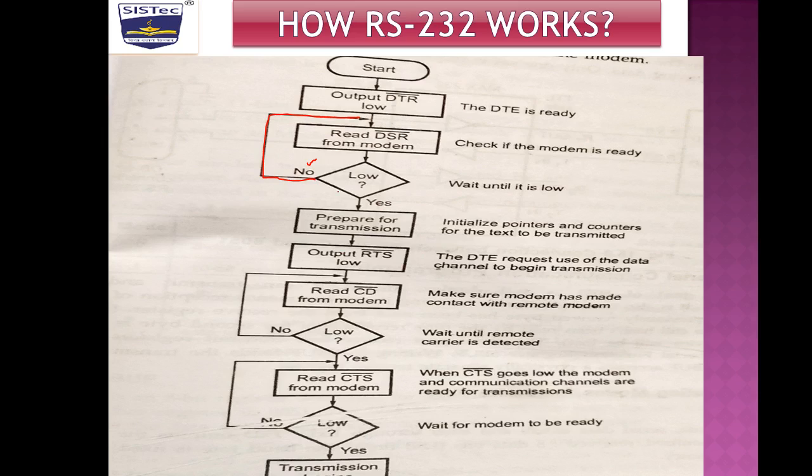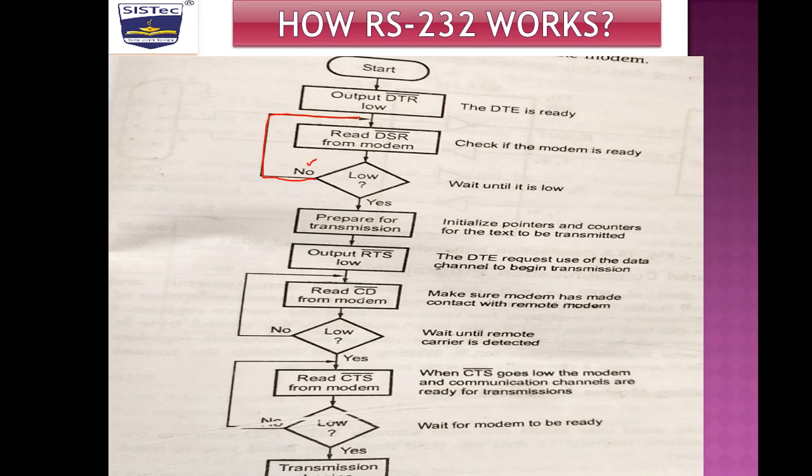If it is ready, it prepares for transmission, including initializing pointers and counters for the text to be transmitted. After preparing for transmission, the RTS signal goes low. This indicates the DTE requests use of the data channel to begin transmission.